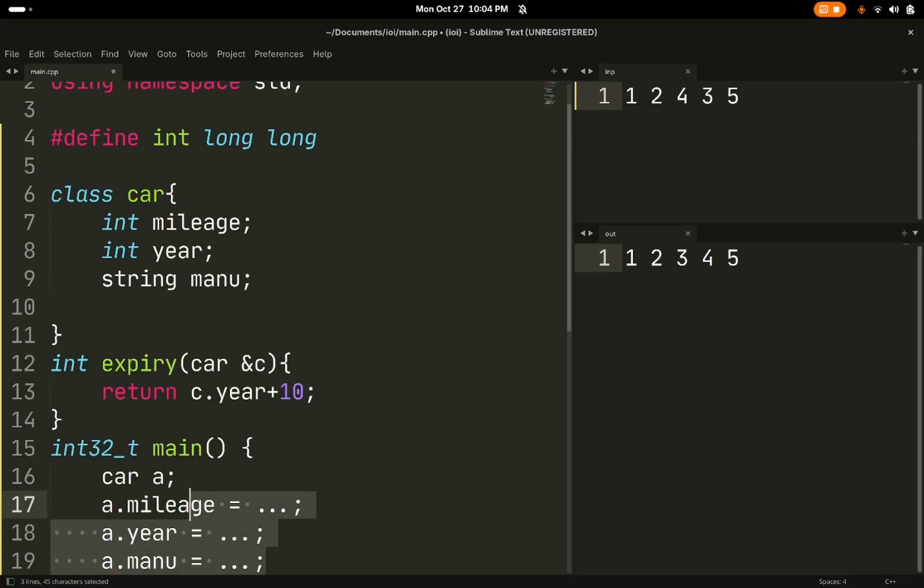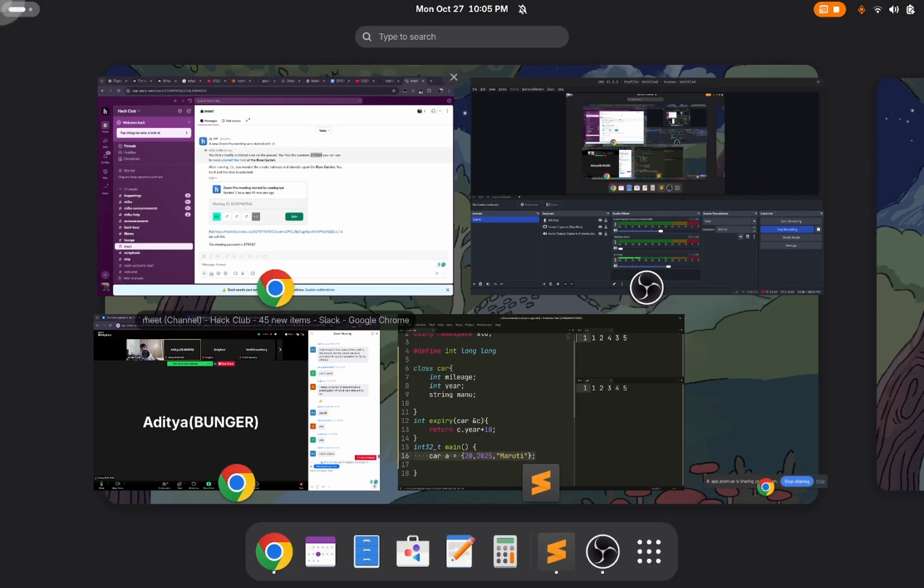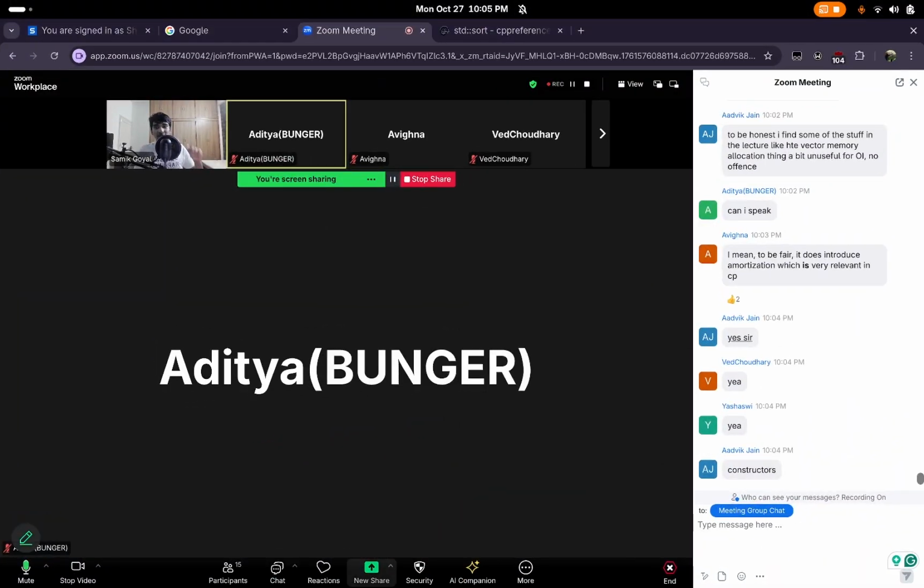But a different way you can do this is by using this syntax: mileage, year, and manufacturer. So say this was 20 kilometers per liter, and let's take a 2025, and let's take Maruti. So this works. It's a whole lot cleaner, and this is going to tie in directly to push_back and emplace_back. I hope that syntax is clear.